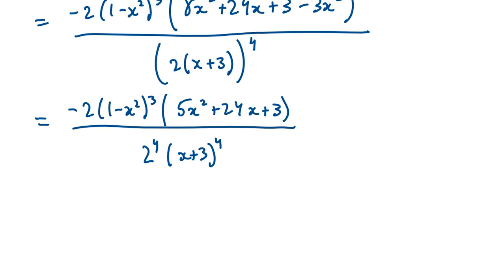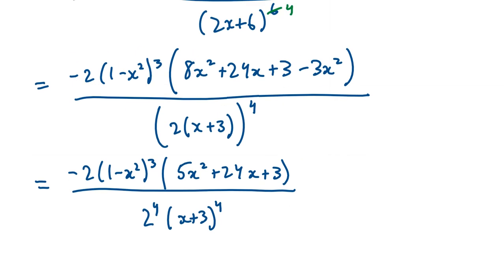I mean, think about it. When I had 2x plus 6 all to the 4th, the 2 that's in there is to the 4th, right? It's not something that you've done a lot, probably. Maybe never. I don't know when else it comes up in high school math, unless it's just kind of forced in by a teacher in a particular question. It doesn't come up very often naturally. I don't remember it coming up in MHF at all. So just watch for it. It's a small thing, but it could cost you a mark.